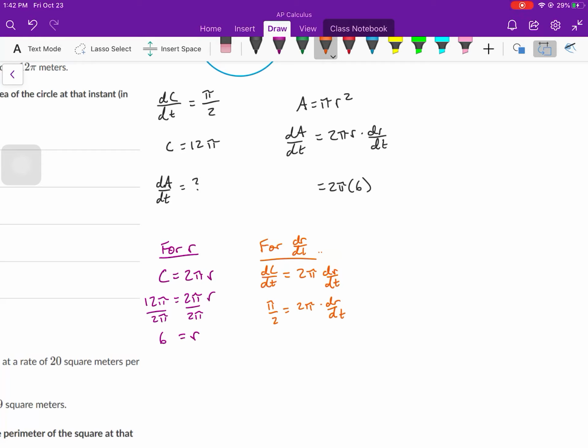And then we're going to multiply by the reciprocal of that, the 2 pi over 2. Basically, we're going to divide by 2 pi. So what we'll end up with is 1 over 4. If you think about it, we're dividing by 2 pi, so 2 pi joins the denominator. 2 times 2 is 4. The pi's cancel. And so that's going to go right here.